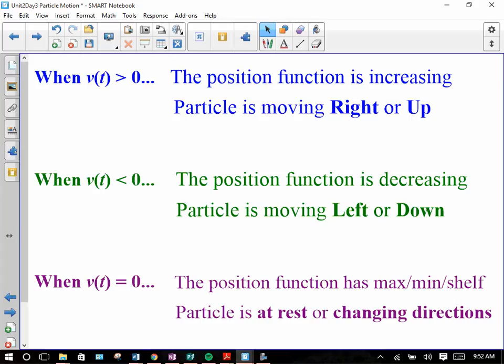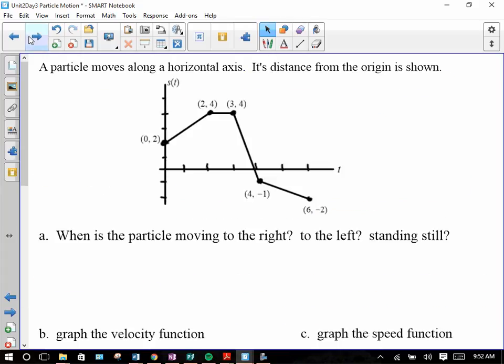Our velocity is our first derivative, or the slope of our position function. So what we want to look for is when the position function has a positive slope.